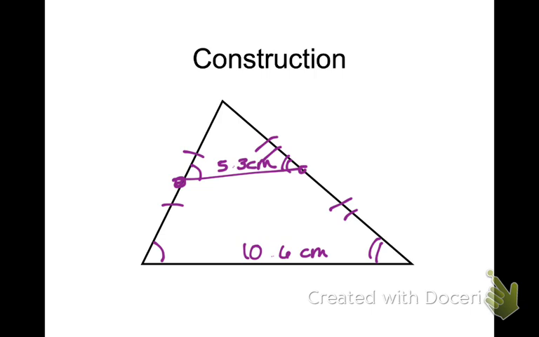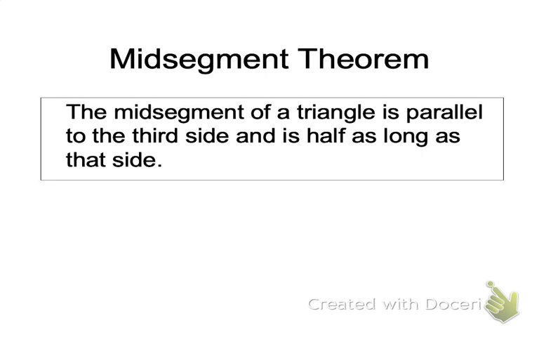Alrighty. Okay, so the mid-segment theorem tells us the following, that the mid-segment of a triangle is parallel to the third side and is half as long as that side.